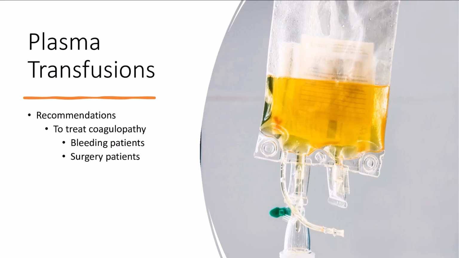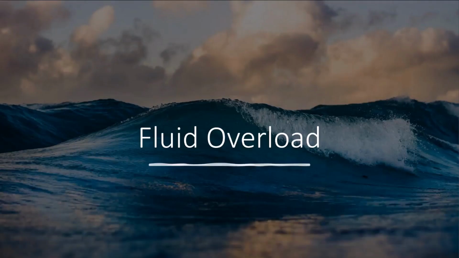You could maybe use canine-specific albumin if it was a dog. I wouldn't be using human serum albumin on that patient. But these patients are immune suppressed as well if they're septic diabetic patients, so they may be in need of some immune stimulation. Let's talk about fluid overload for a second.